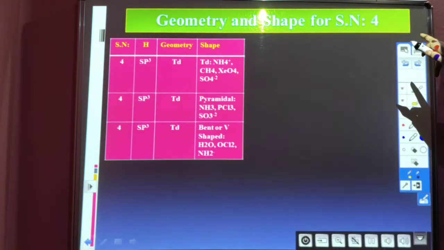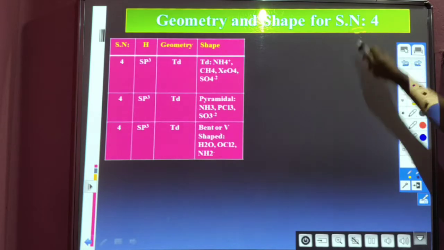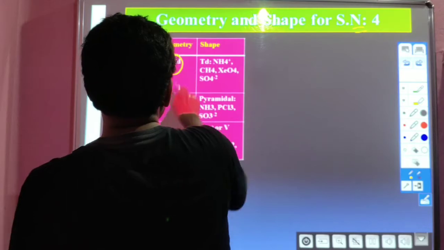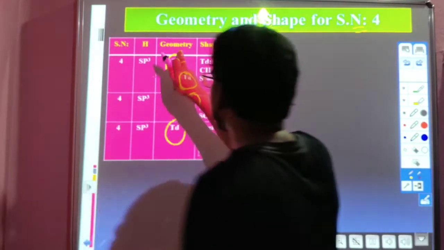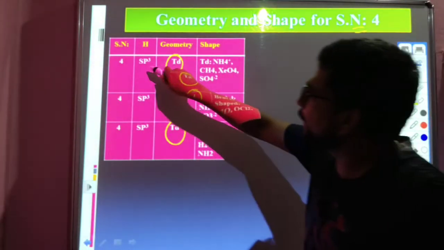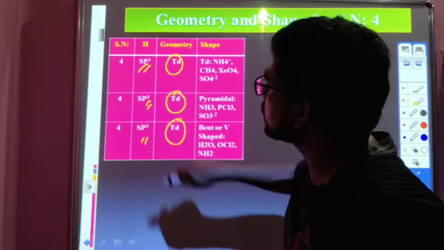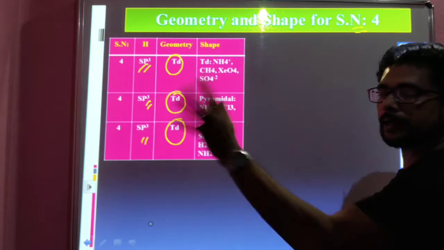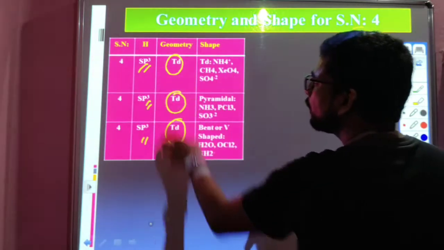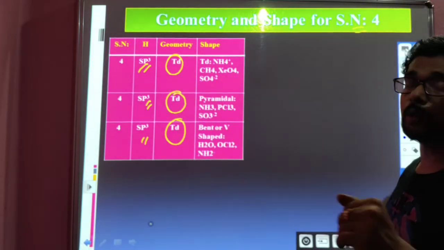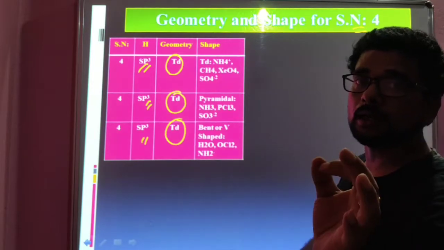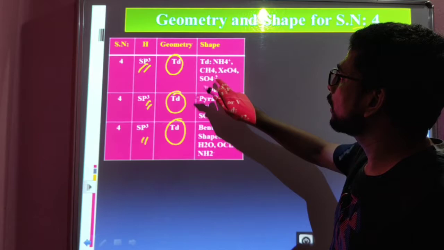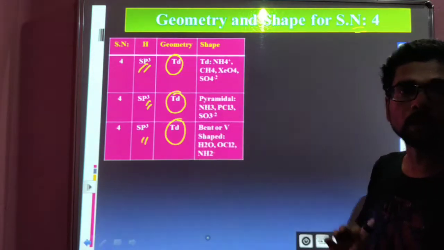Now the case of steric number 4. In steric number 4, in every case we will say the geometry is tetrahedral because hybridization is sp3. Whenever the hybridization is sp3, you just blindly say that geometry will be tetrahedral. But shape could be same or different. That entirely depends upon whether lone pair is present in these molecules or not.